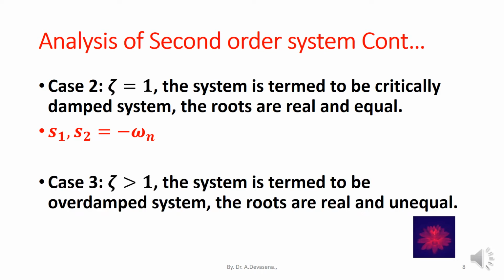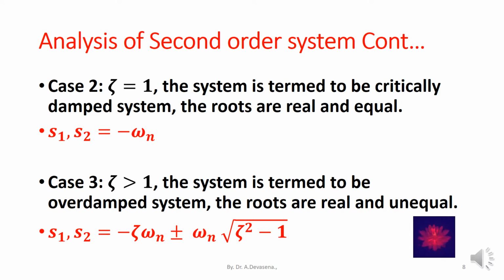Case 3, when the damping ratio zeta is greater than 1, the system is termed to be overdamped system. The roots are real and unequal for the overdamped system. The value of the roots are s1, s2 is equal to minus zeta omega n plus or minus omega n square root of zeta square minus 1.